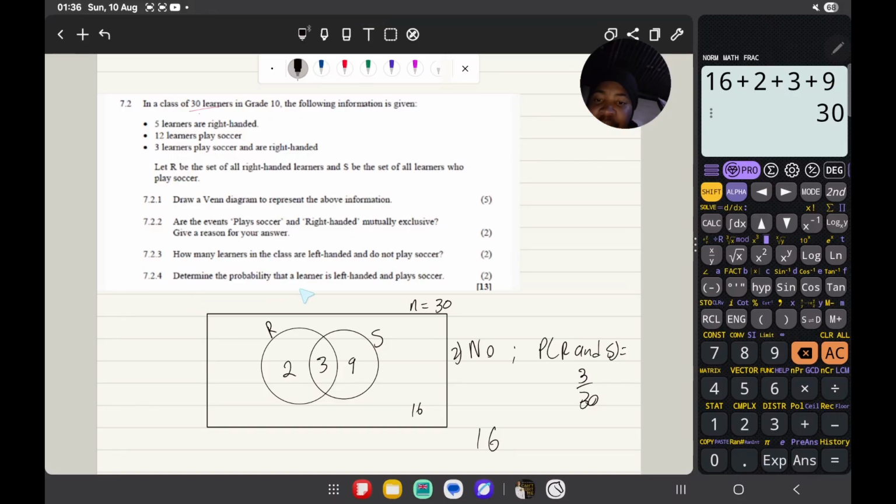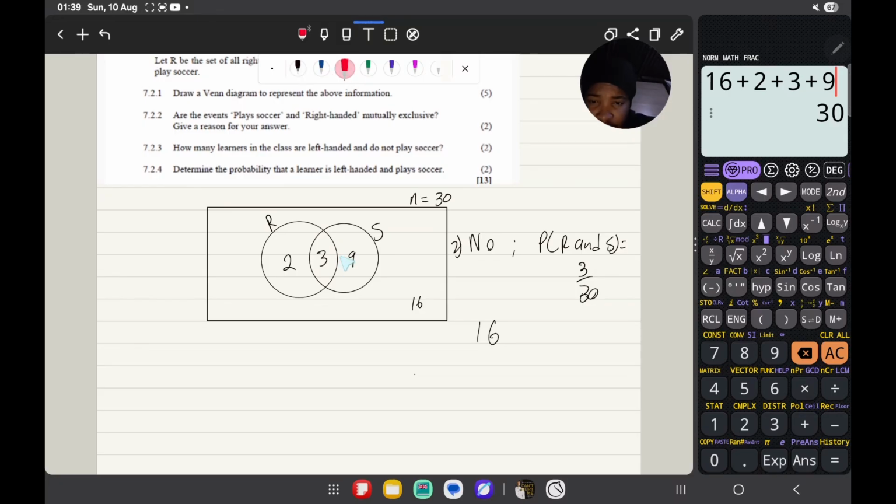And they say, determine the probability that a learner is left-handed and plays soccer. This is a tricky question. This circle is for learners who are right-handed.